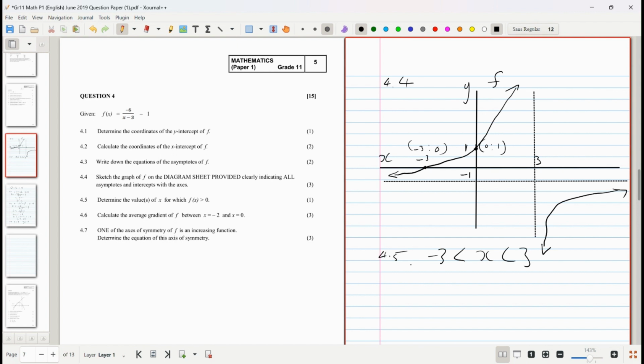So from -3 we can see it's 0 here. So also here +3, we can see that the graph approaches but doesn't touch 3. So this is our range in which x is, in which the function f is positive.